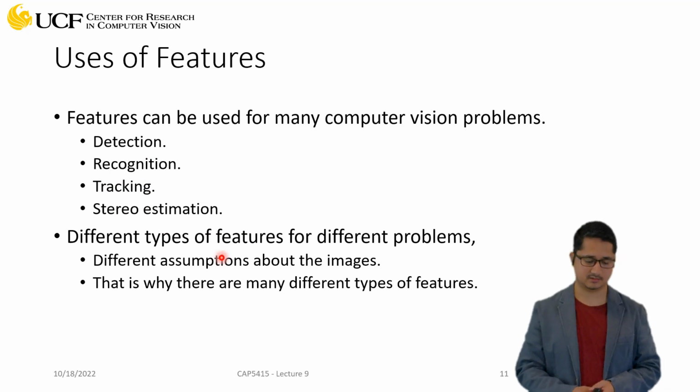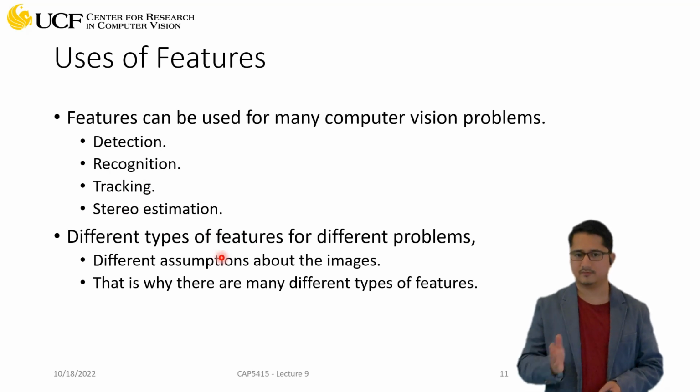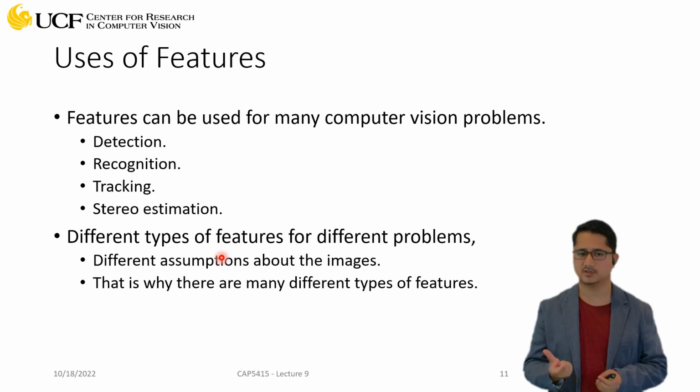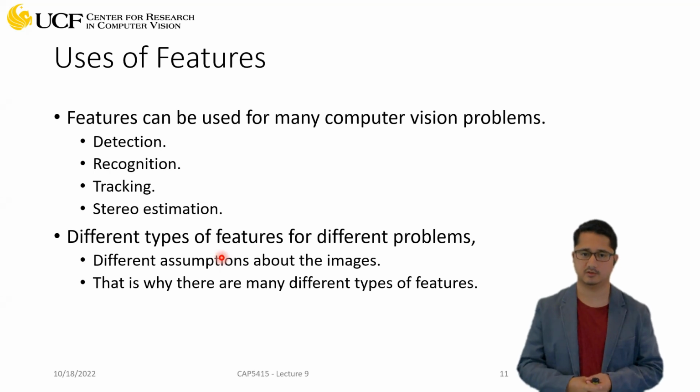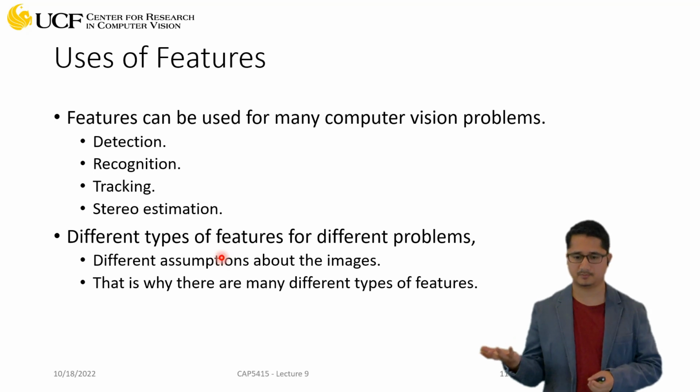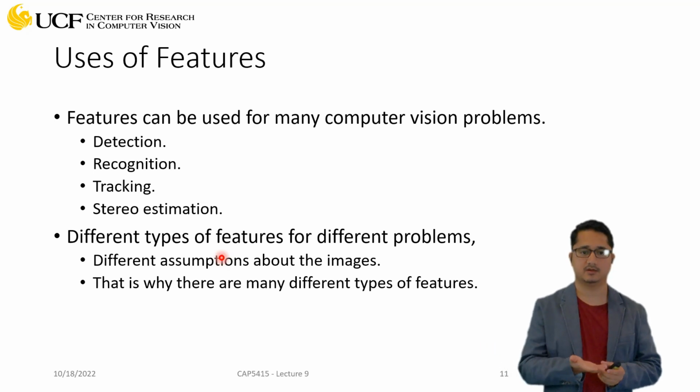The reason is simple, because different problem domains might have different requirements, and different features might be extracting different kinds of information. One simple example: if a feature is looking at the colors present in your input image, and your task depends on color, that might require a different kind of feature.